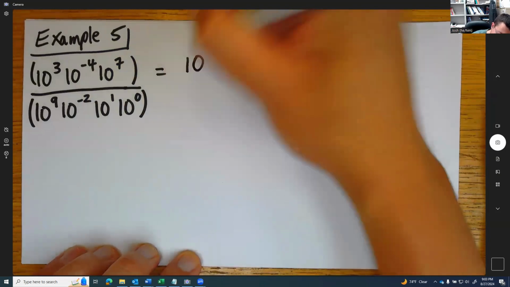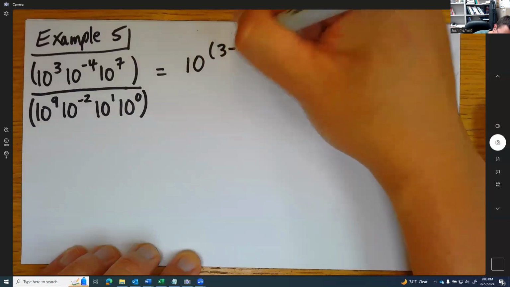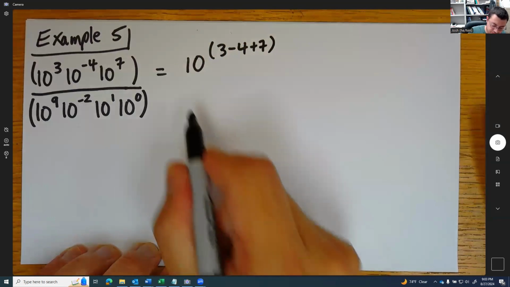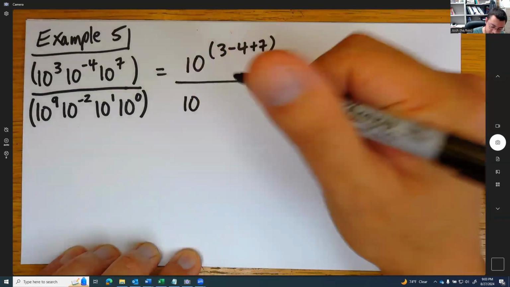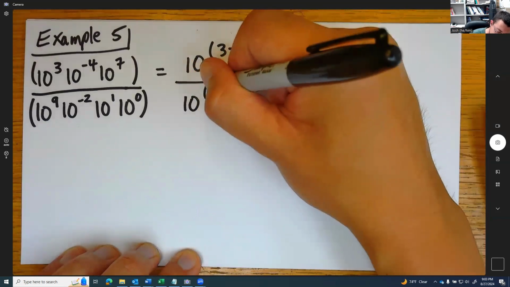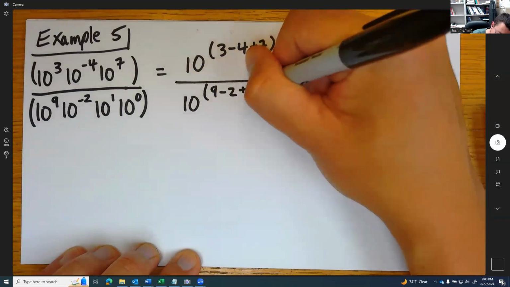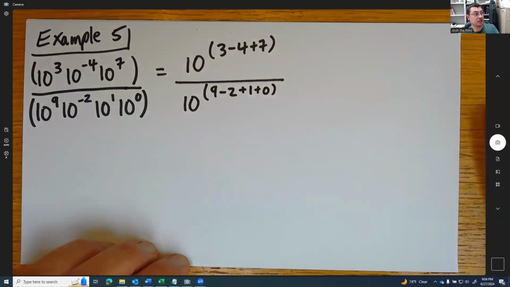We're going to have 10 to the 3 minus 4 plus 7, whatever that is, divided by 10 to the 9 minus 2 plus 1 plus 0. Okay. All right, so that's our first simplification.